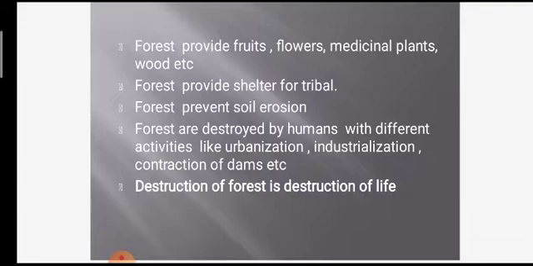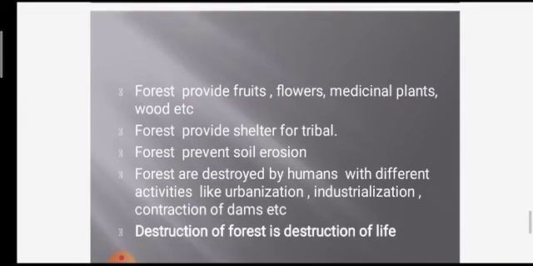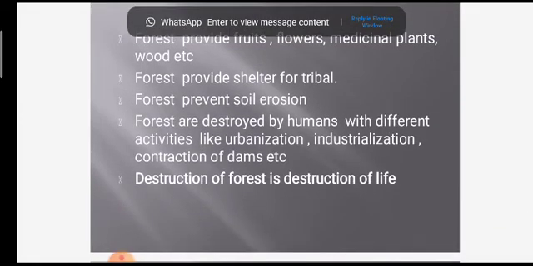Okay, industrialization, we are building industries in the forest, due to which all the poisonous things are left out and the forest gets destroyed. Then construction of dams also destroys the forest. And remember, this destruction of the forest is the destruction of our life. Okay.